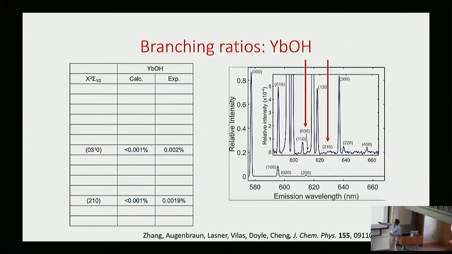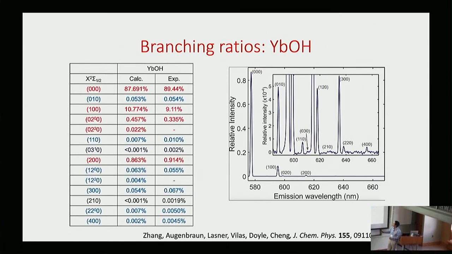There are 2 very small transitions that were identified from the experiment but didn't show up in the calculation. So there is more to do to continue to check the accuracy of the calculation. These are very small transitions seen in the experiment.